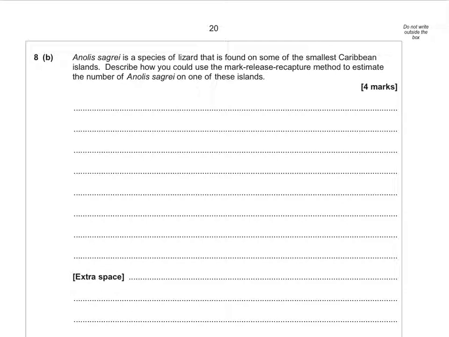Many of you realised that with the method of marking, it was important that the marks weren't visible to predators. I think the third mark that many of you didn't get was saying that you've got to leave a sufficient time for the lizards to be distributed, randomly distributed or distributed evenly. So you didn't specify the fact that you would leave it for a sufficient time and therefore lost that mark.